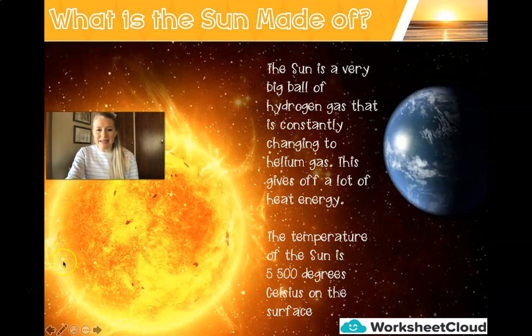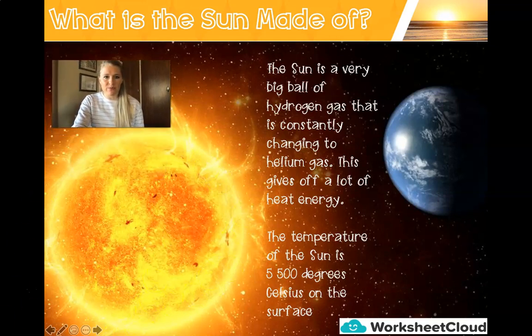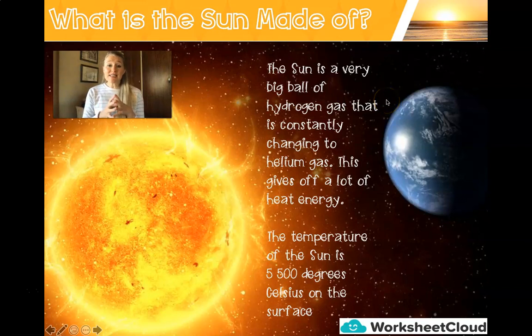So if the sun is a star, what is the sun made of? The sun is a giant ball of hydrogen gas, and it's constantly changing into helium gas. So it's almost like a mixture of hydrogen and helium gas together.